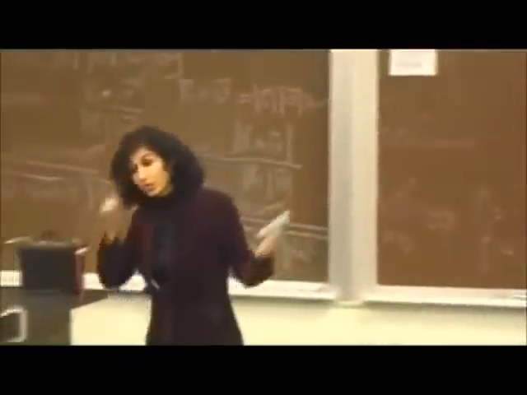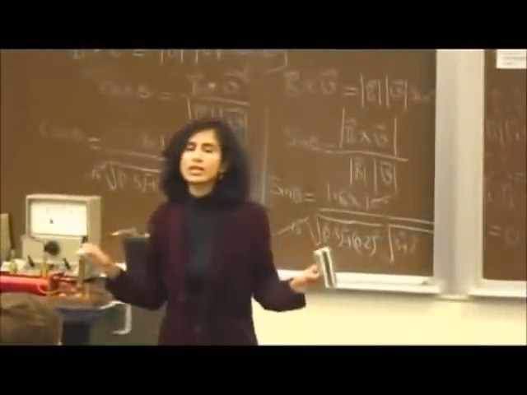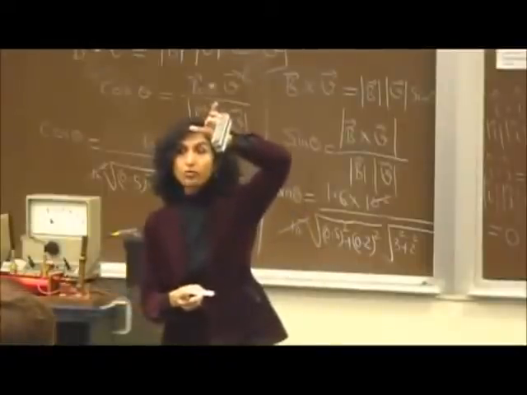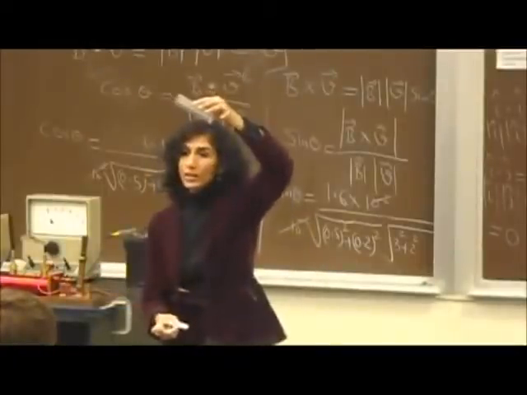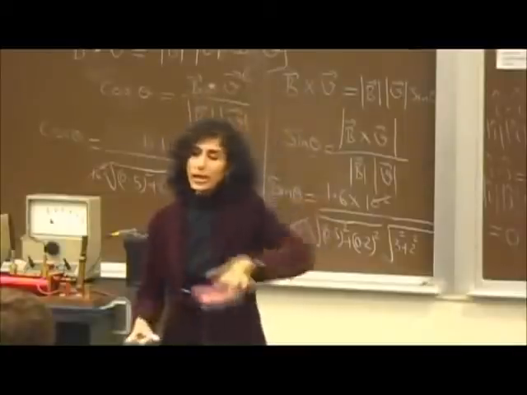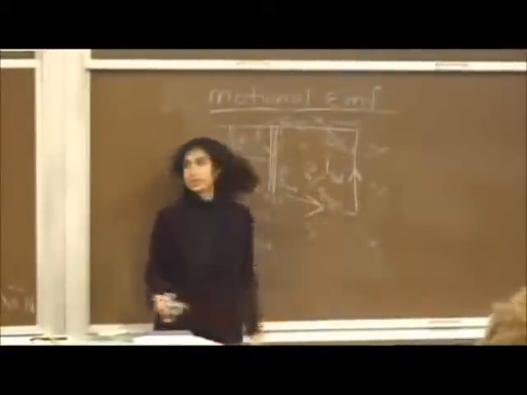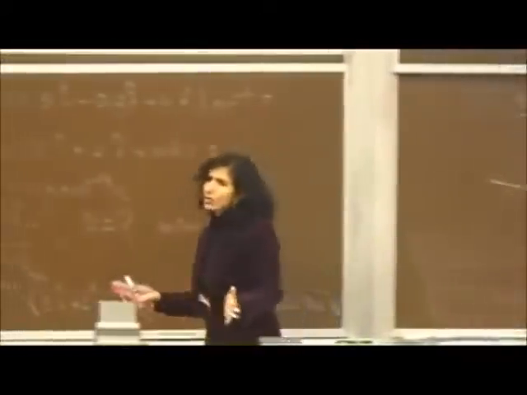Right? This is what Lenz's law predicts, and this is what we find when we forget about Lenz's law, say we don't know Lenz's law, but we do know that the charges in this rod will feel a force, and there will be a charge separation, and because of this charge separation and the fact that there is a closed loop, the electrons will actually start accelerating in this direction. So it all makes sense.